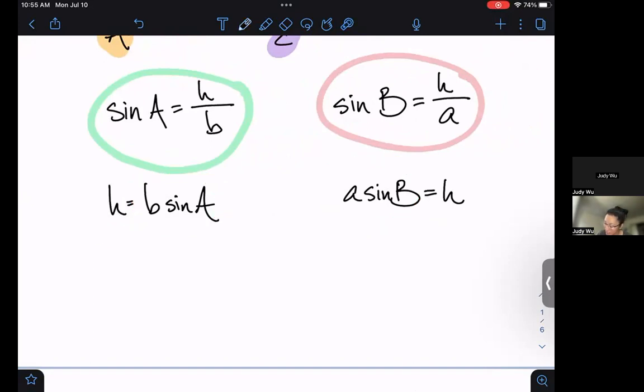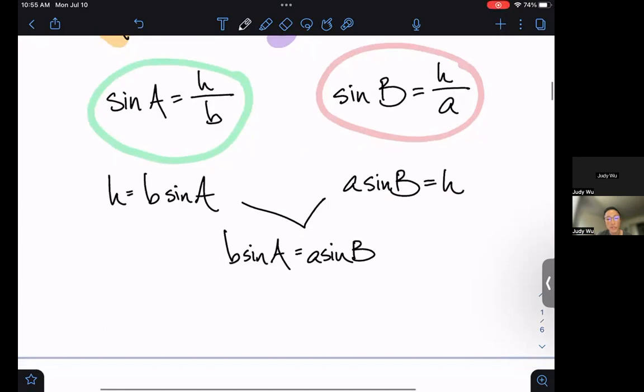Now check this out. A sine B and B sine A, they both equal H. So what that means is I can actually set them equal to each other. B sine A equals A sine B. All right. And as mathematicians, we really like to clump things almost by letter. So I'm going to move the little a to the left-hand side by dividing it, and move the little b to the right-hand side by dividing it.